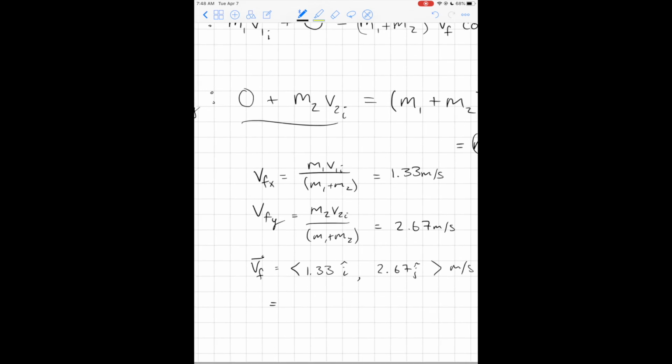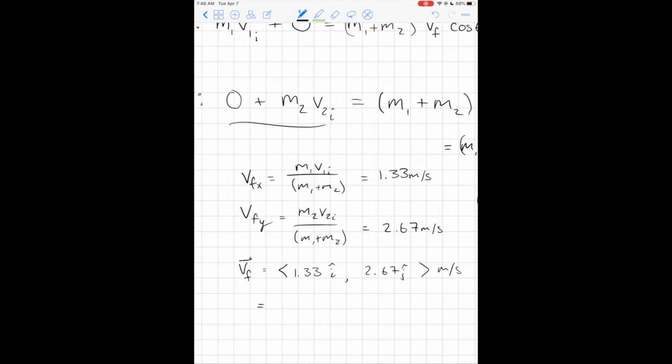So we could say that it's 1.33 i hat, comma 2.67 j hat meters per second, or we could say that it's 3 meters per second at 63.5 degrees above the positive x-axis.